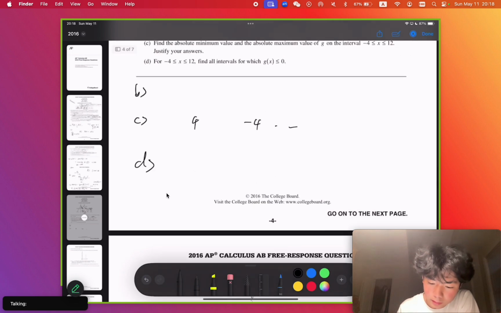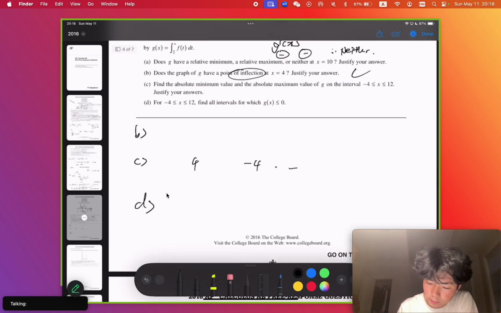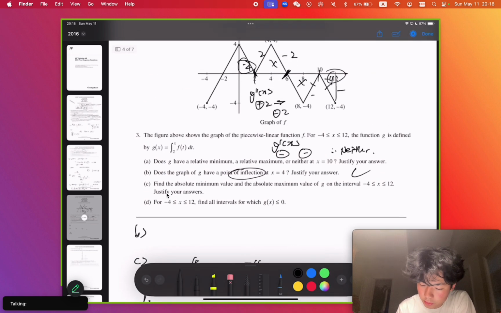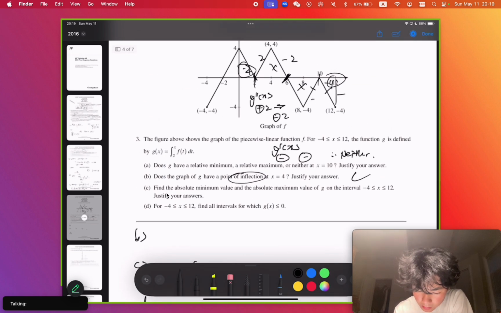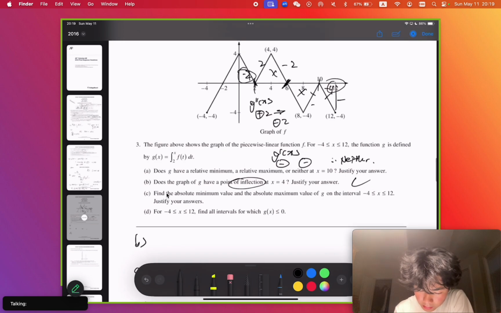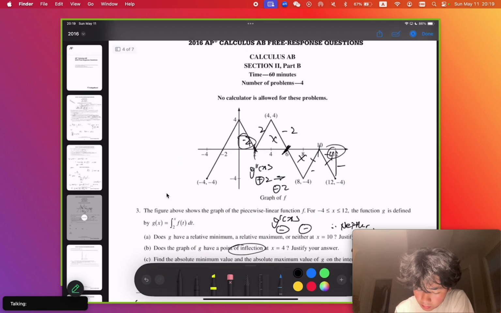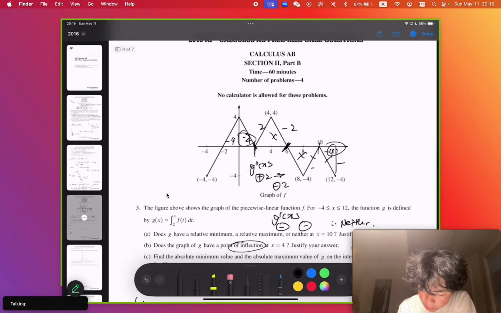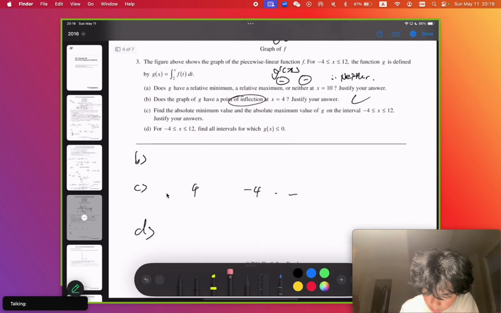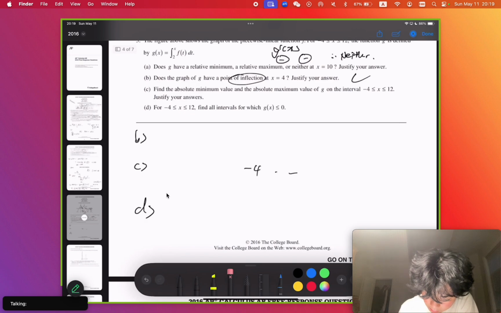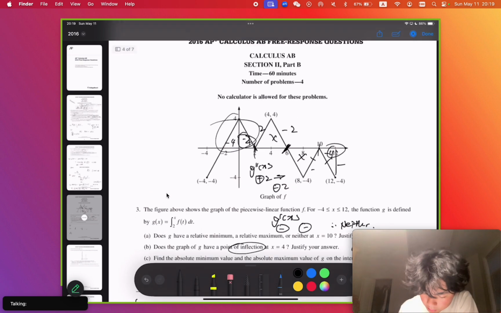Okay, D, from -4 to 12. Find all intervals for which g of x is smaller than 0. g of x is smaller than 0 when, oh, hold on a minute. Yeah, this is -4 too. So it's -8. It should be -8, sorry. Wait, hold on. So it's 4, -8, because this chunk over here is just a negative number.